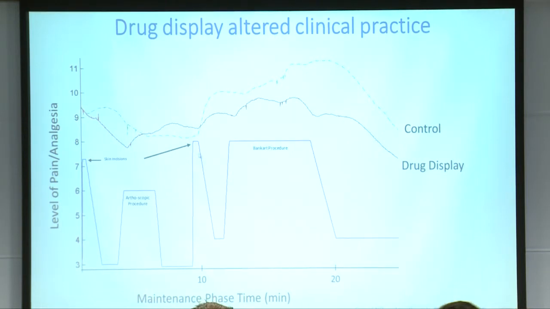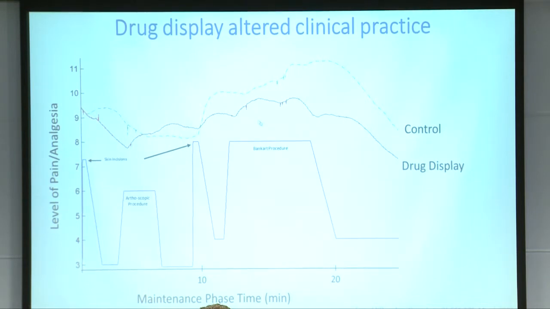Those users in the simulator that used manual control during this procedure were somewhat surprised with the intensity of the pain stimulus at this point, gave quite a large dose of analgesia to bring the probability of response to analgesia up perhaps higher than needed, and continued to keep that higher until the end.